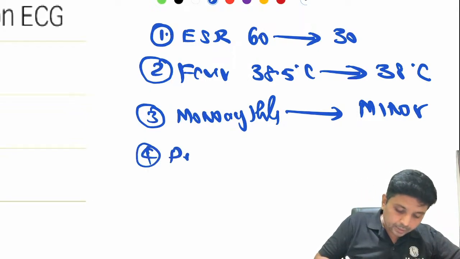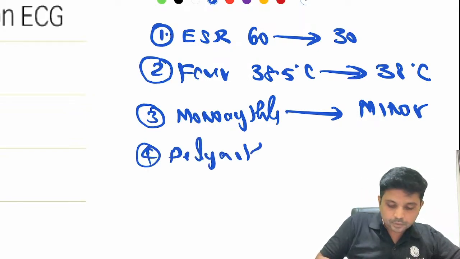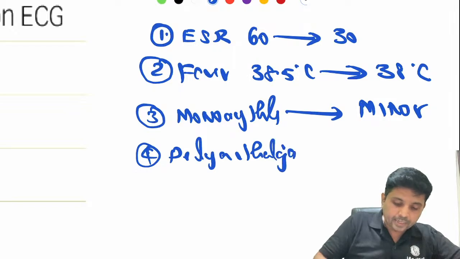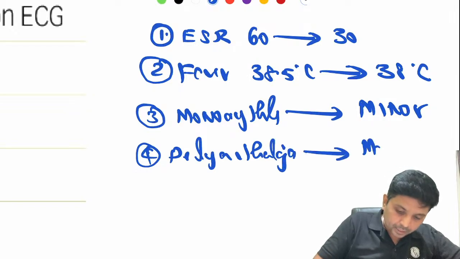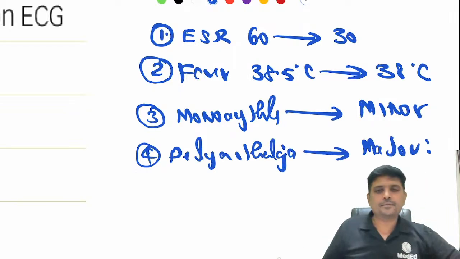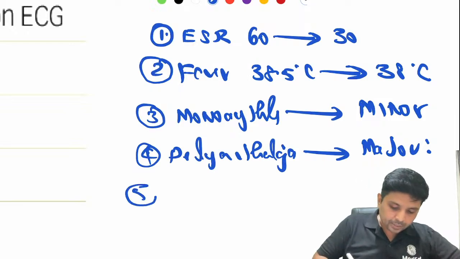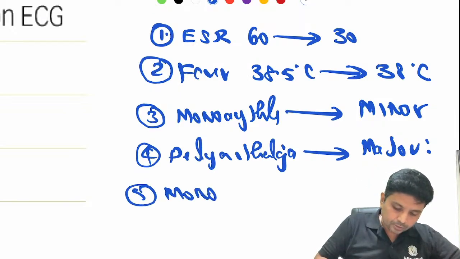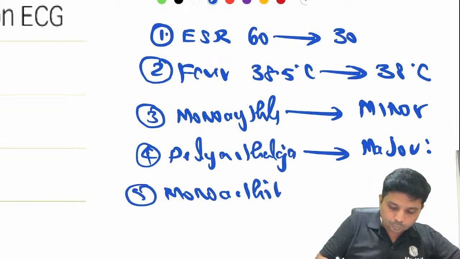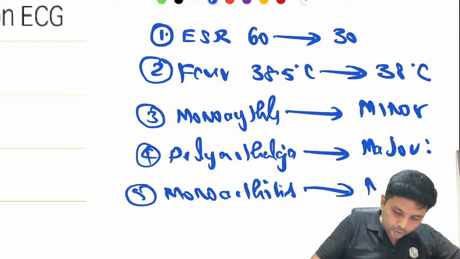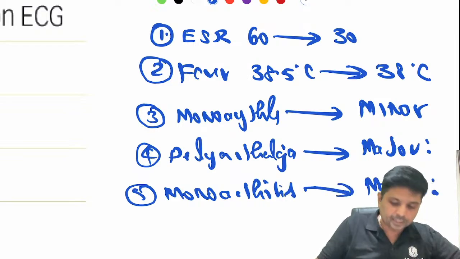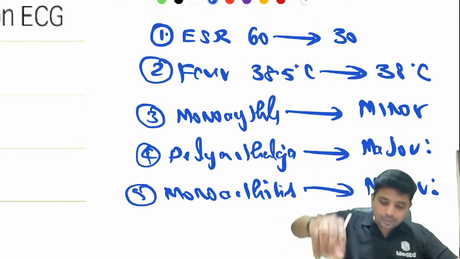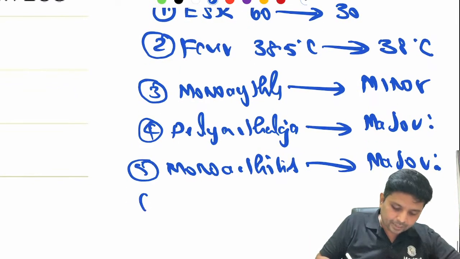Previously polyarthralgia came under minor criteria, now it comes under major criteria. Previously monoarthritis wasn't included, now monoarthritis is included under major criteria.